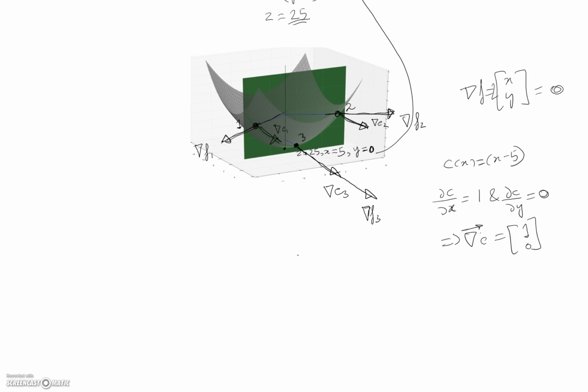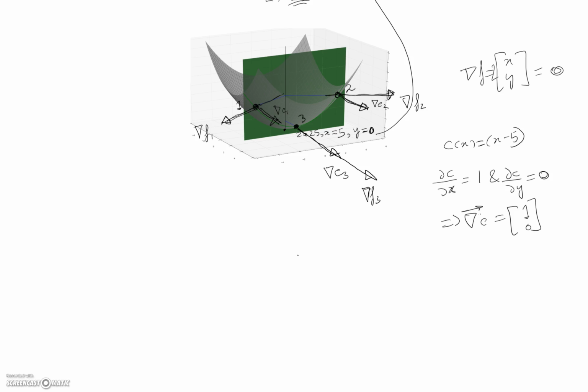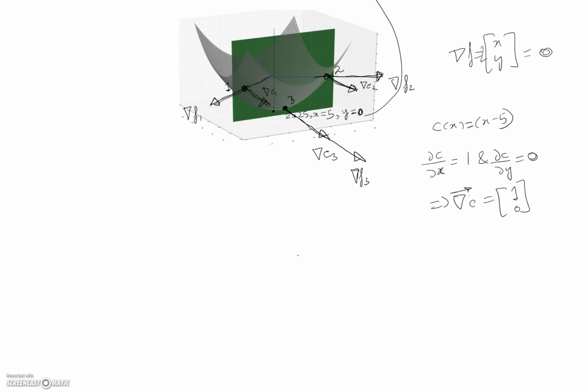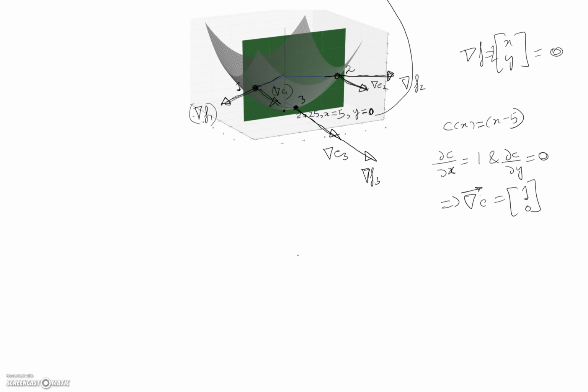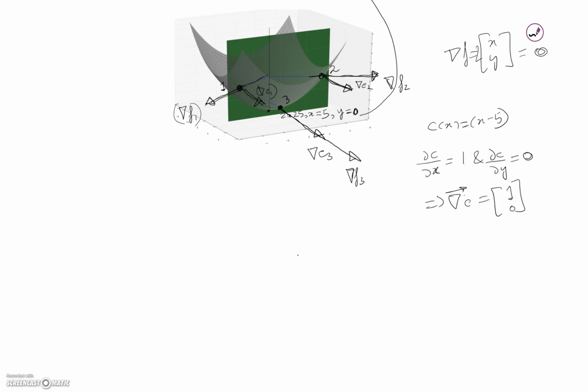And that happens to be true, and the reason for that is very intuitive. As long as the gradient of the constraint is not equal to the gradient of the objective function, you can move along a direction.